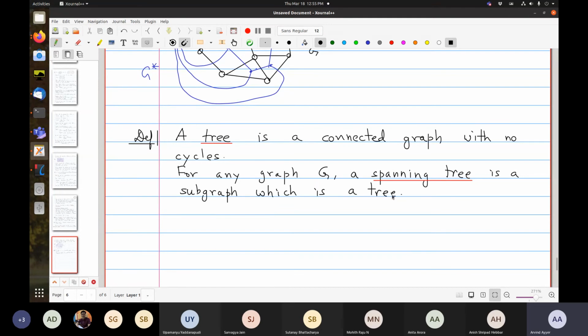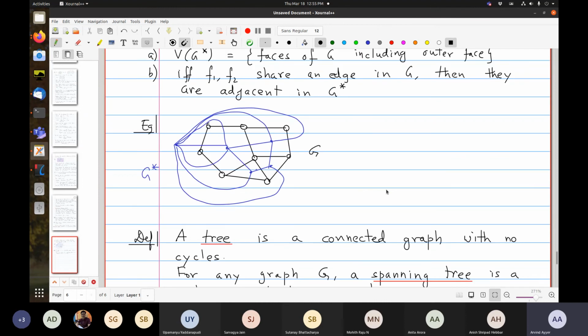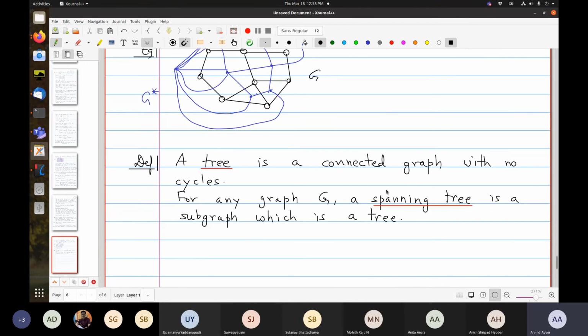By subgraph I mean a graph obtained by selecting some edges. In particular, the subgraph includes all the vertices. So the vertices are all there, and this is what spanning means. A spanning tree connects all the vertices of the graph, but has no cycles.